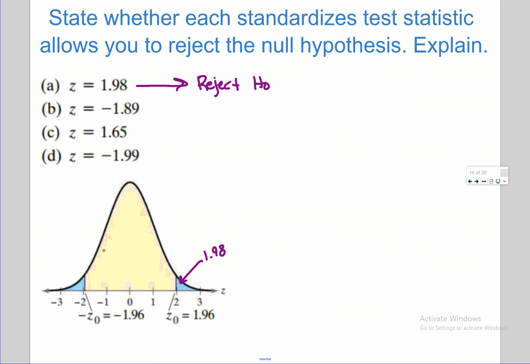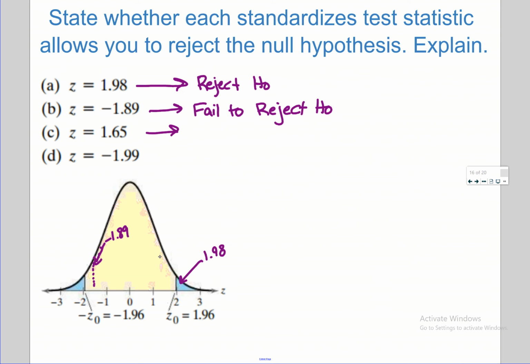What about negative 1.89? Right, so negative 1.89 would be close to it, but over there somewhere. So we would fail to reject, or not reject. You could word that either way. 1.65, reject or not reject? Where's 1.65? Is it in the shaded region?